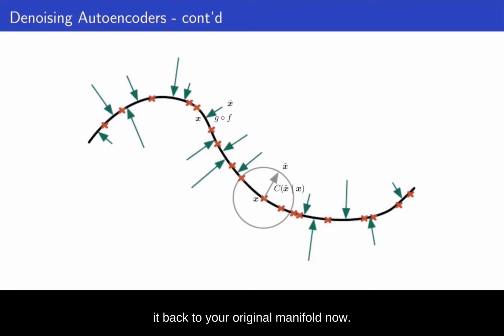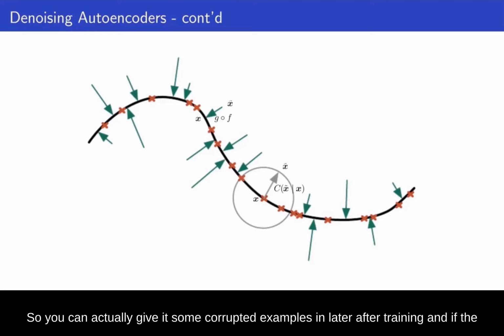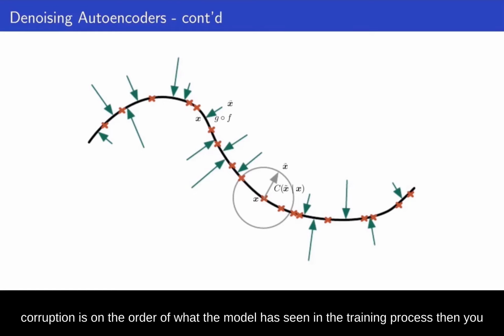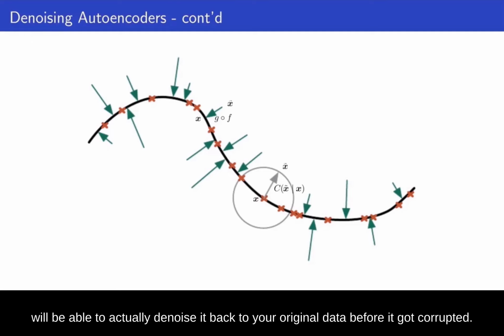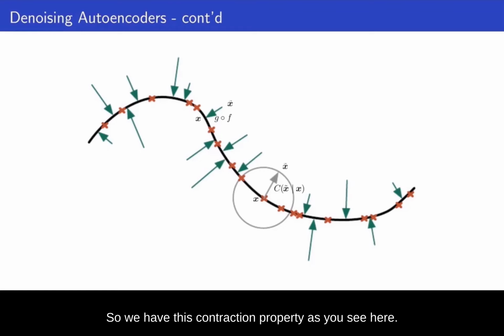So you can give it some corrupted examples after training, and if the corruption is on the order of what the model has seen in the training process, then you will be able to denoise it back to your original data before it got corrupted. So we have this contraction property, as you see here.